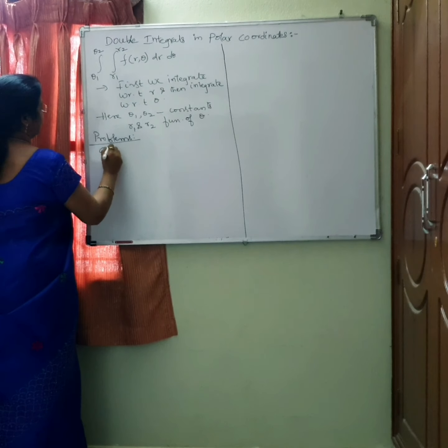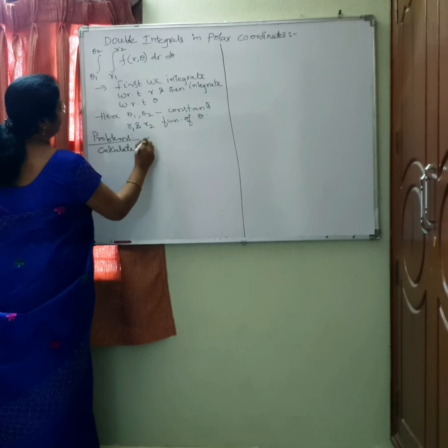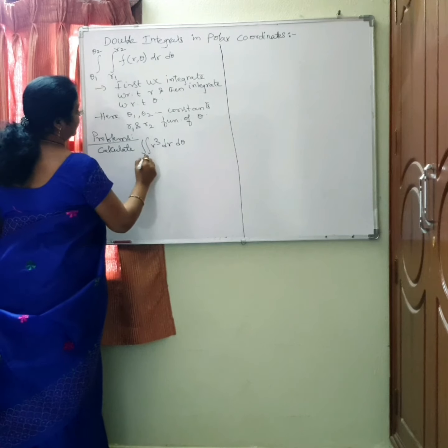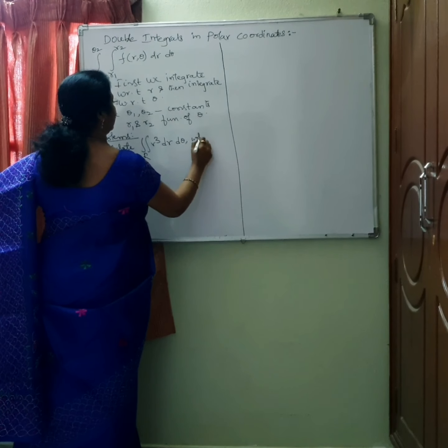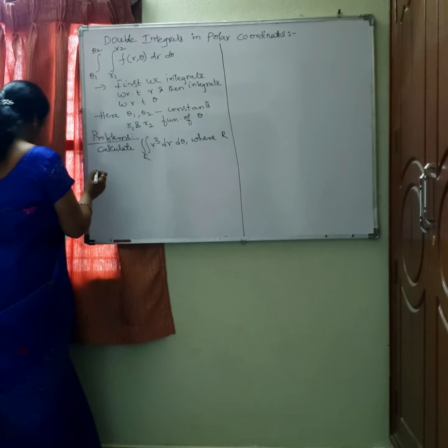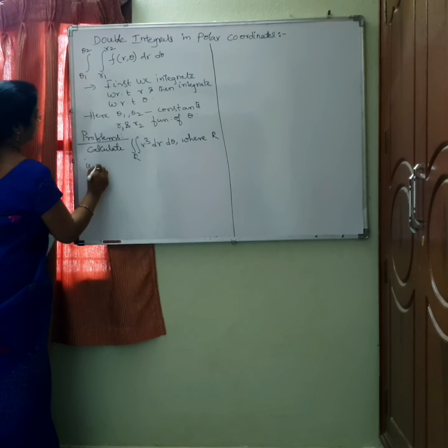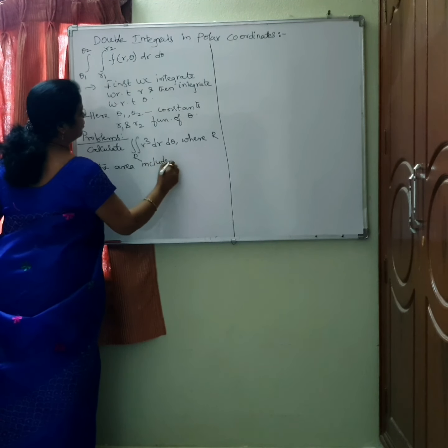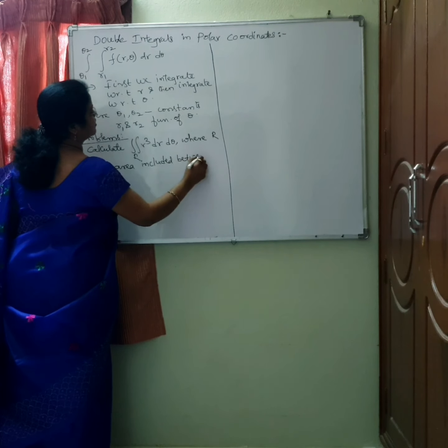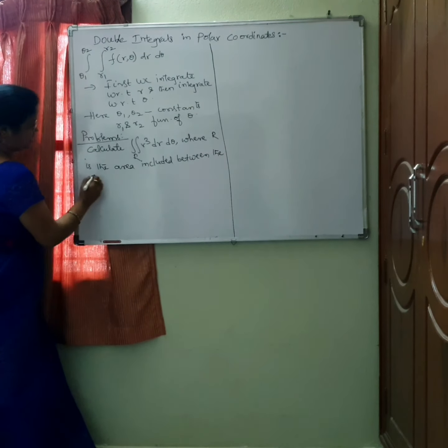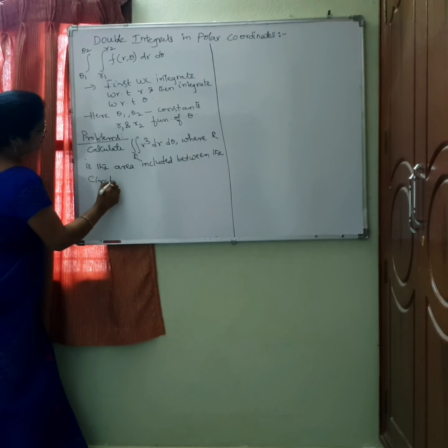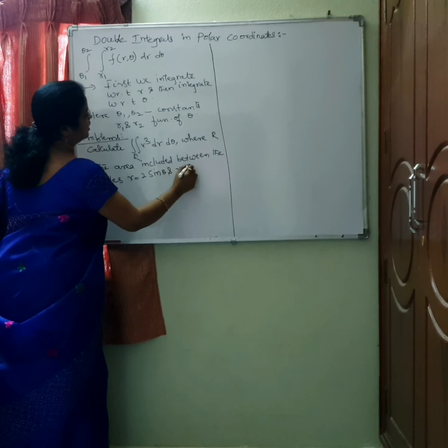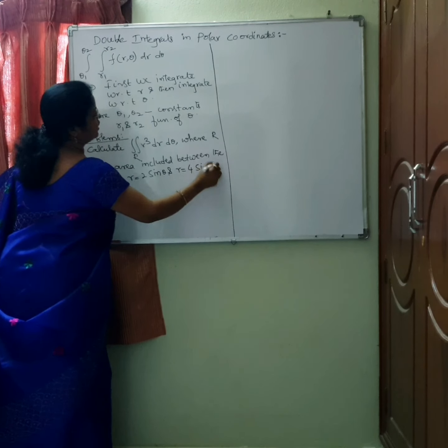The question is, calculate the double integral of r cube dr d theta over the region R, where R is the area included between the circles r equals 2 sine theta and r equals 4 sine theta.